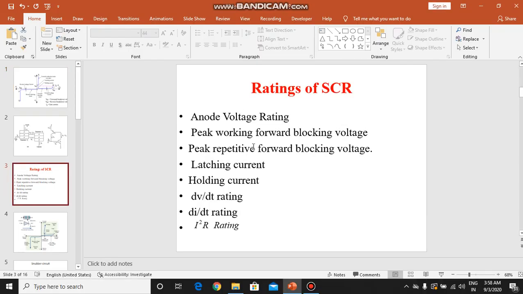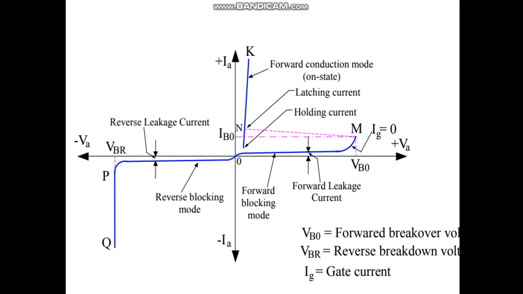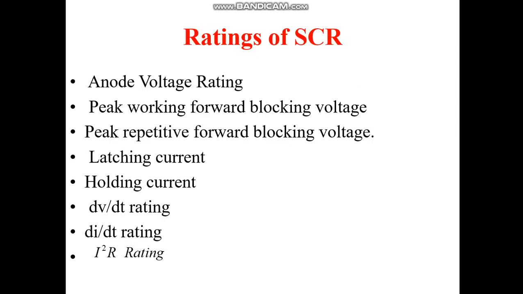Next, peak working forward blocking voltage and peak repetitive forward blocking voltage. How can we analyze? These are during forward blocking mode only, but the device should be in safe mode to bear the maximum voltage without any damage, and the device should turn on very quickly.